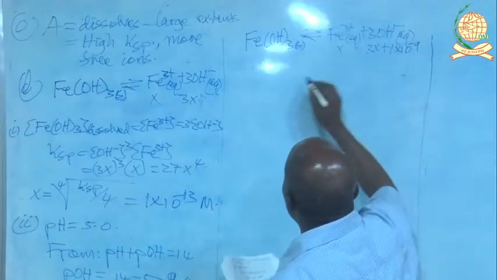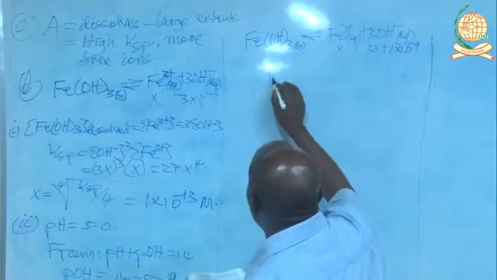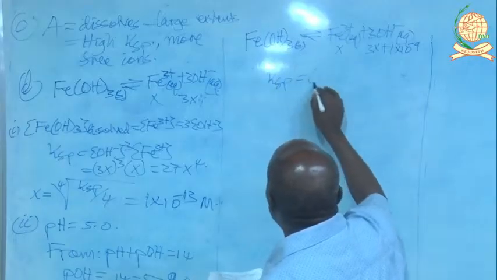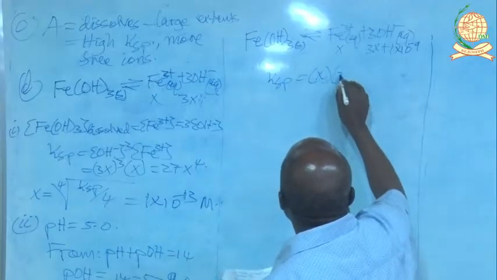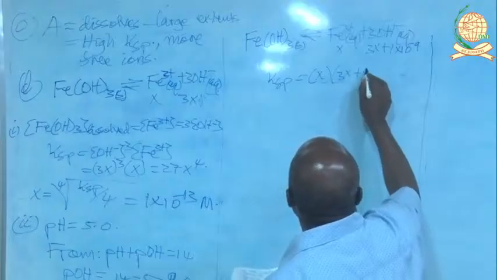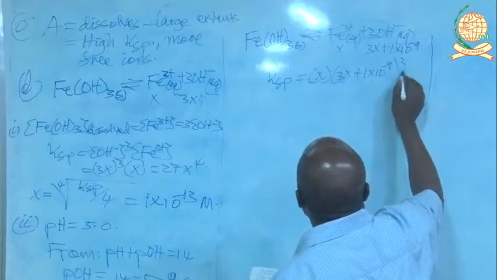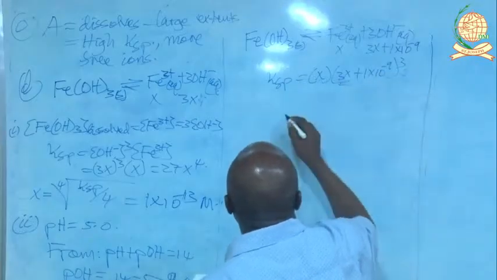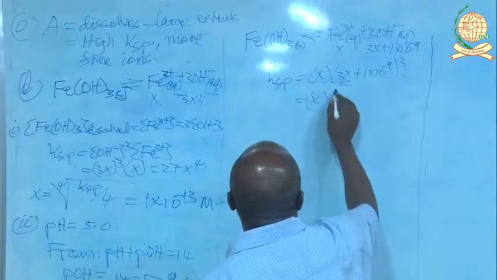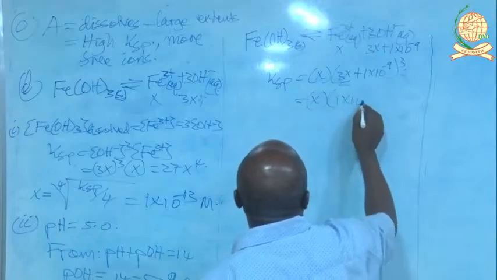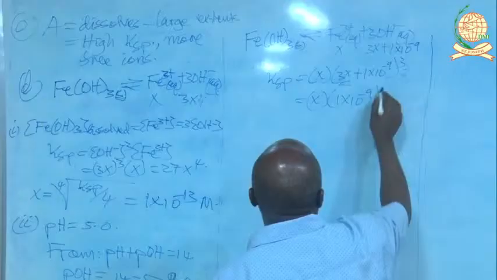Then here is x. So by calculating, KSP is equal to x times 3x plus 1 times 10 power negative 9, all to the power 3. But this 3x you ignore. This is x times 1 times 10 power negative 9 to the power 3.